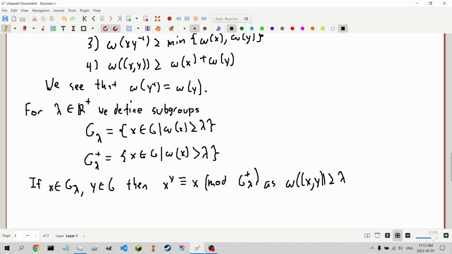Omega of X is equal to lambda by definition, so we have equal to or greater than lambda. And Y is just going to be omega Y, and because this has to be positive, this has to be strictly greater than lambda.